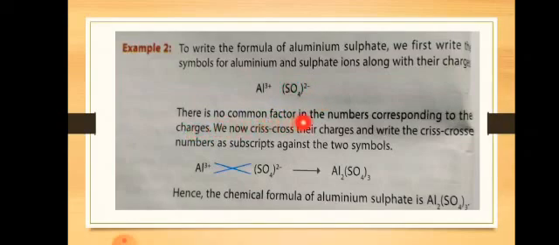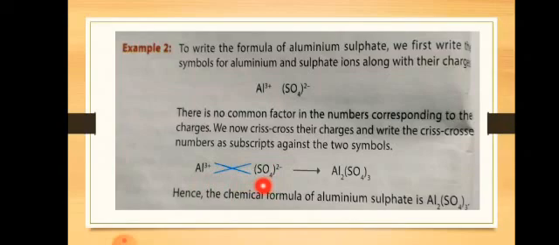There is no common factor in the numbers corresponding to the charges. It has a 3+ charge, it has a 2- charge. So no common factor. We now crisscross their charges and write the crisscross numbers as subscripts against the two symbols. Now see, this 3 will go here and this 2 will go as the subscript of aluminium. And don't disturb the inner side of the bracket part.